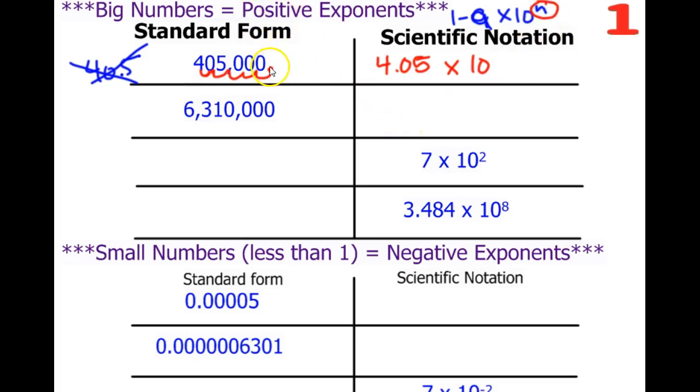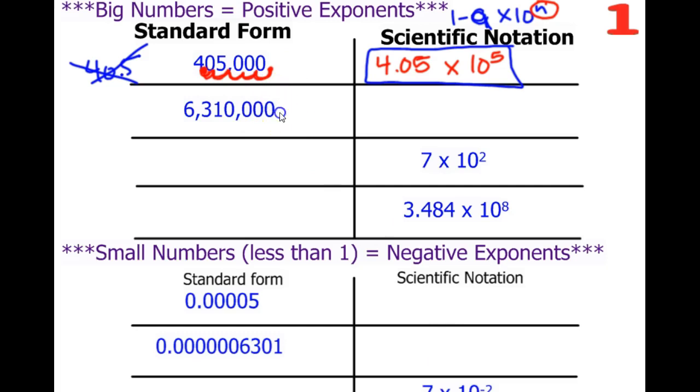So we're multiplying this number over and over again. So it's going to be a big number, it's a positive exponent. We move this decimal 1, 2, 3, 4, 5 times to end up right there. So our exponent is a 5. There we go. Let's try another one.